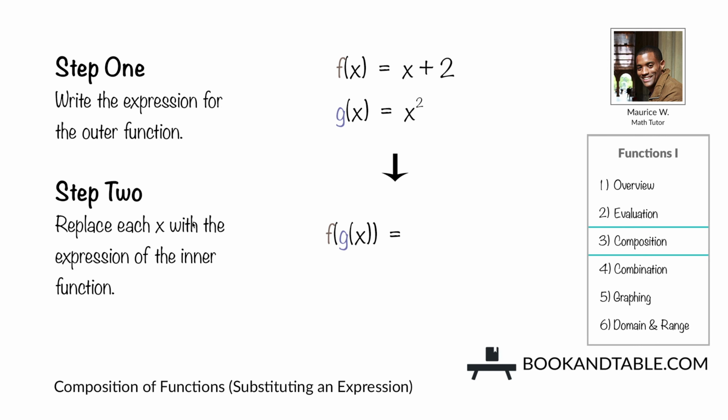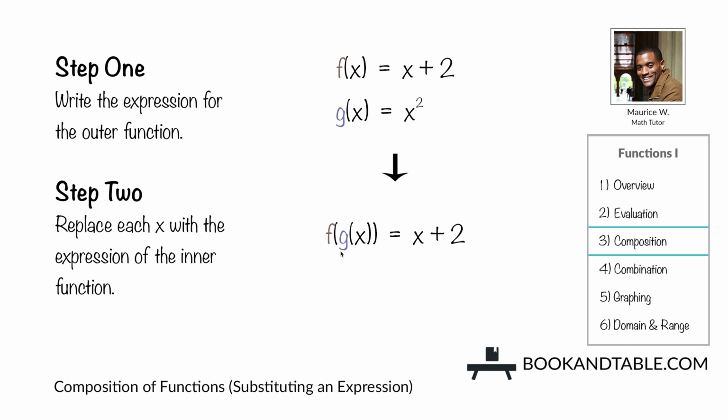So when we have a composition of functions and we're substituting an expression, g of x, in for the independent variable, we first want to write the expression for the outer function. The outer function in this case is f. So we write the expression for that function, which would be x plus 2. And now step 2, replace each x with the expression of the inner function.